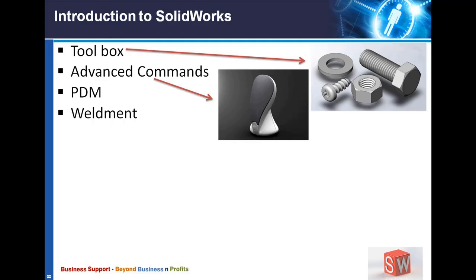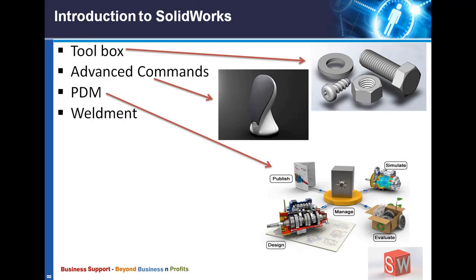Now if you want to create these types of features, definitely you have to create the product using advanced commands, where SolidWorks will use commands like freeform, where you'll be able to drag the surface and create it like clay modeling, and you can also twist, blend, whatever you want, using advanced commands.